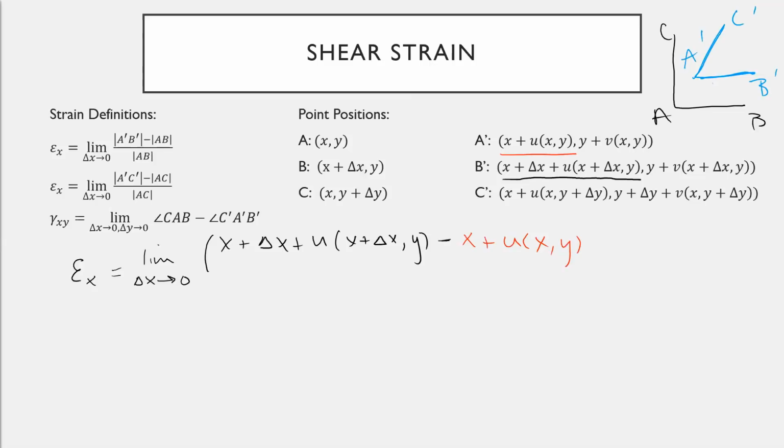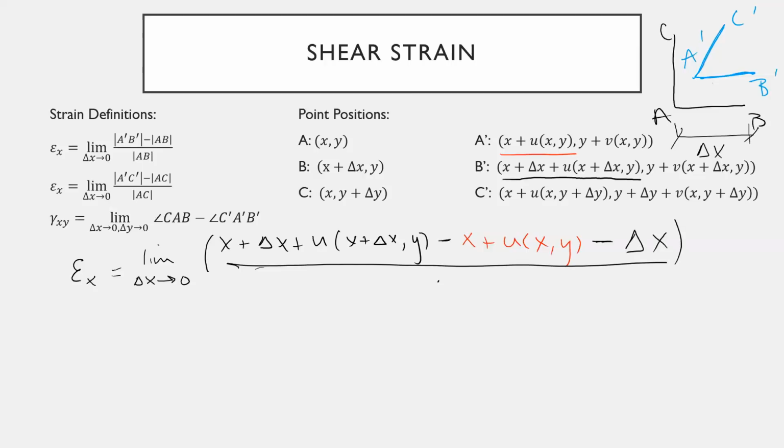Now I'm going to subtract from this the length between A and B. What is the length between A and B? Right, delta x. And then this all gets divided by delta x. So if we cross a couple things out, here I have a positive x, here I have a negative x, so I can cross those out.